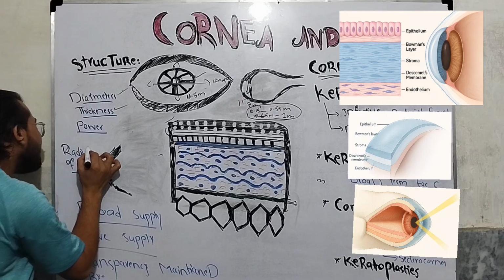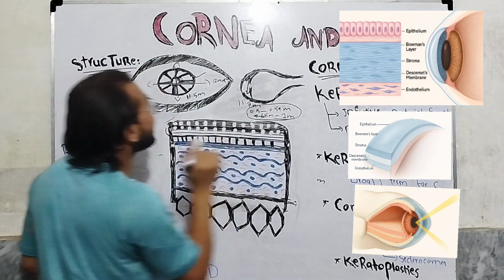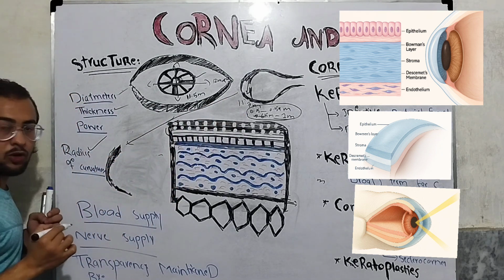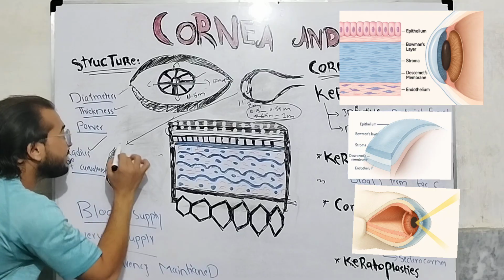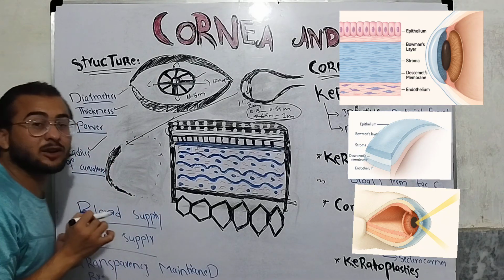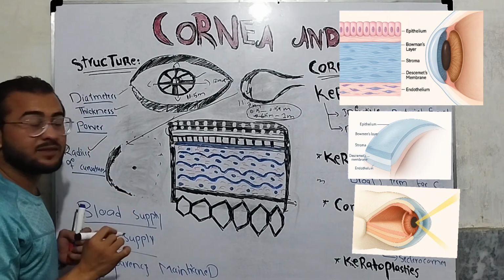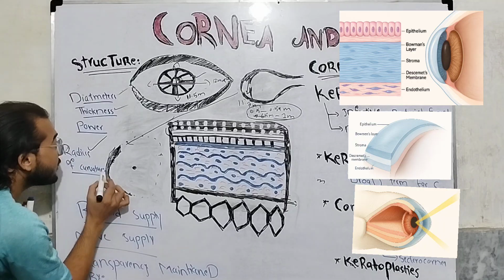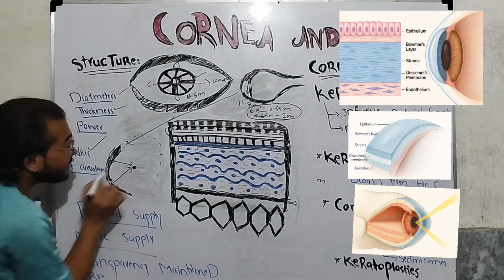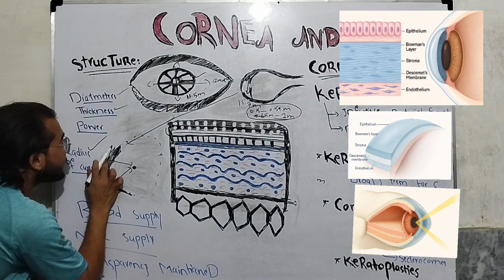Now, what are the radii of curvature? For example, if this is the cornea, and I draw an imaginary circular line to make the cornea circular, then this will be the center, and the distance from the center to the posterior surface and the anterior surface are called radii of curvature.